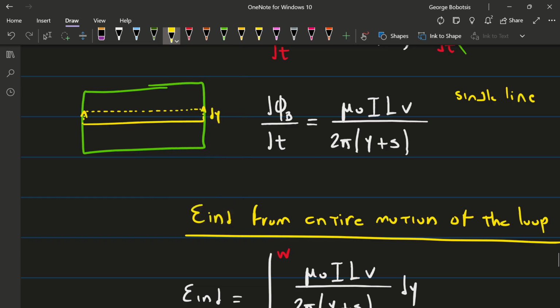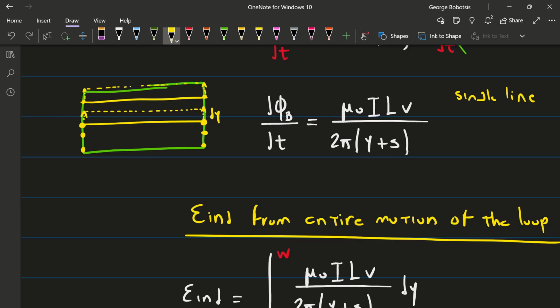But then you go, it's not just a single line that makes up this loop, right? This loop is made out of a lot of these lines. Lots and lots of these lines are all moving north right now and are introducing again the effect of flux here. Every single one of these is moving north.